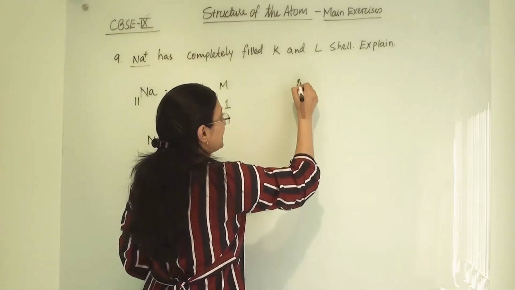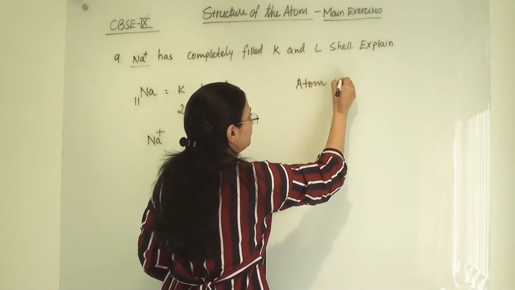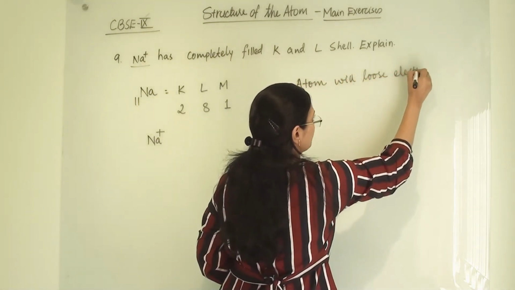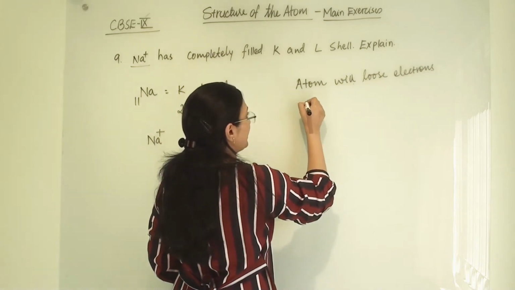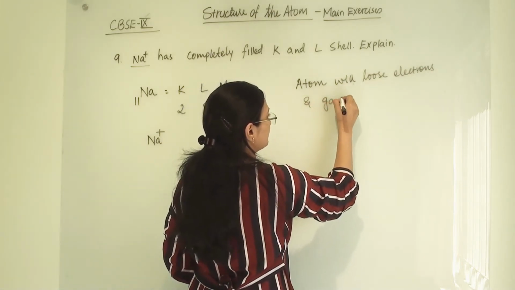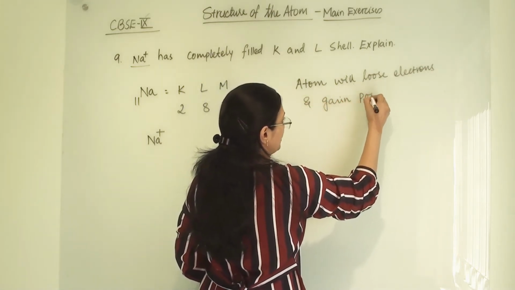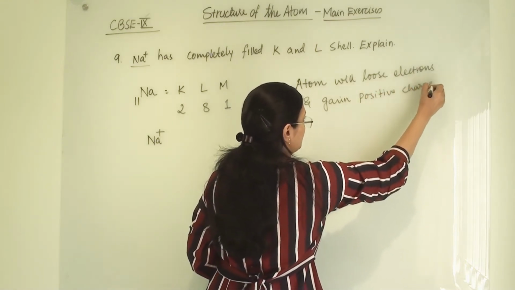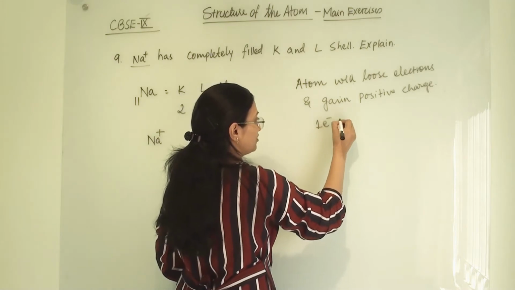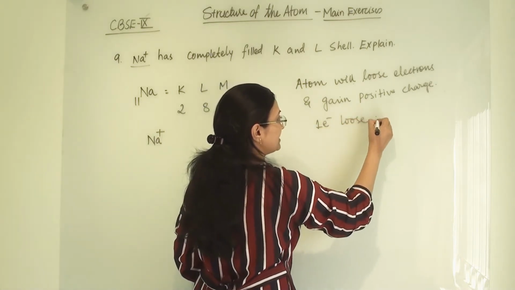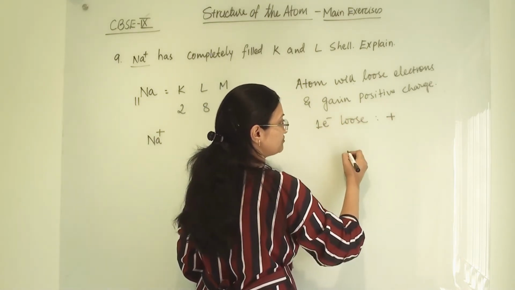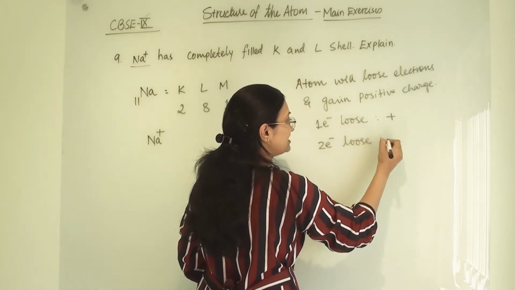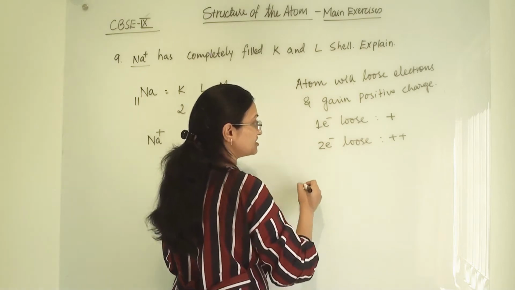Now when an atom loses electrons, it gains a positive charge. For example, if it loses one electron, it will gain one positive charge. If it loses two electrons, it will gain two positive charges.